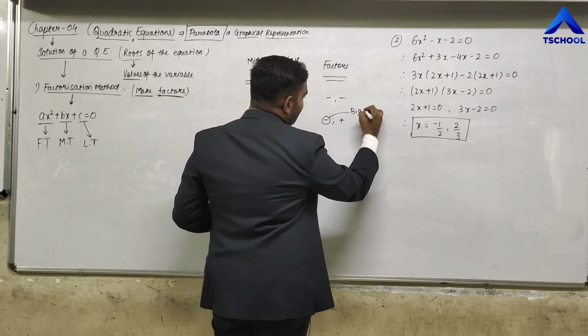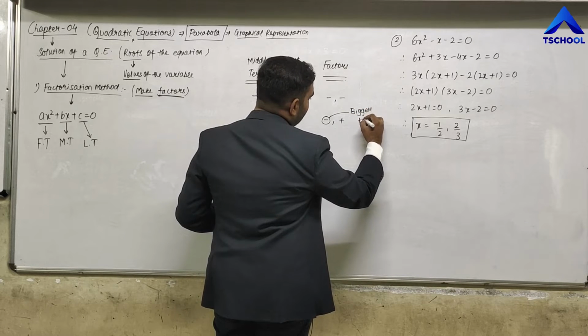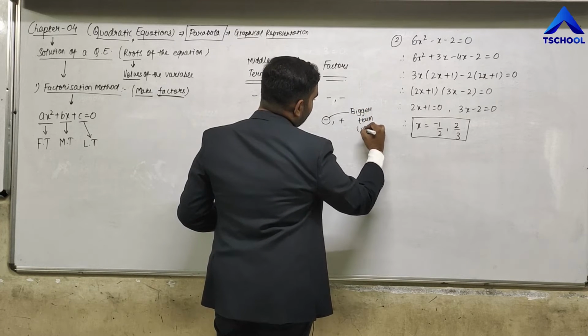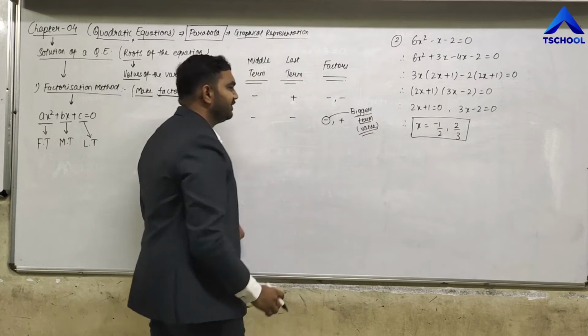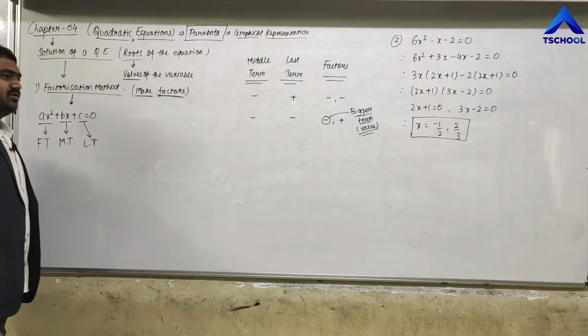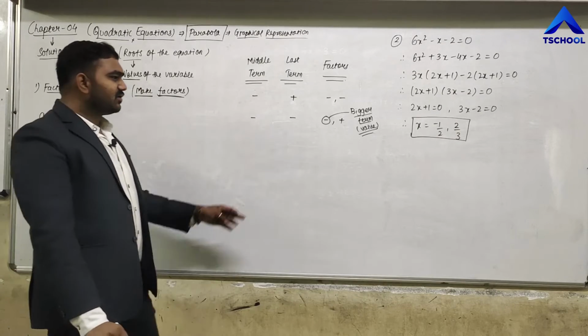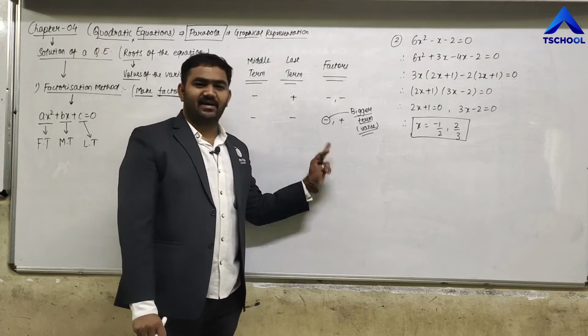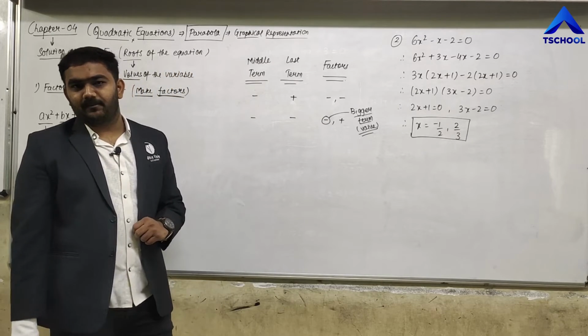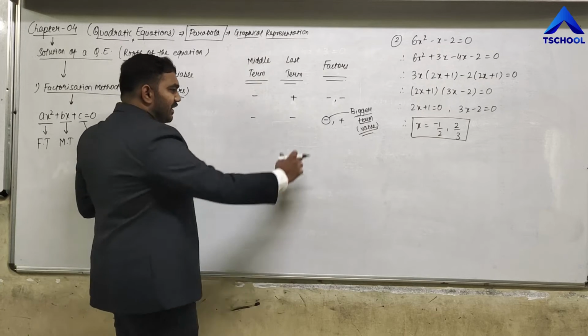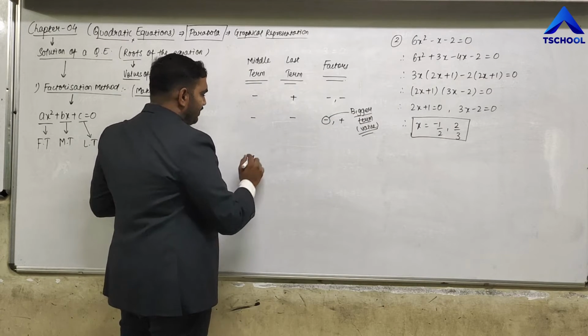The minus sign is of the bigger term or bigger value. Note that minus plus comes about because this minus is due to the minus of the middle term. So that is minus of the bigger term or bigger value.